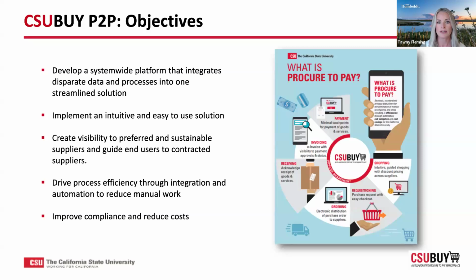Starting with shopping for goods and services, users can engage in purchasing with access to preferred, contracted, and sustainable suppliers. This flows into requisitioning, ordering, and receiving, all of which are handled in a centralized environment with fewer manual steps. The process concludes with invoicing and payment, emphasizing automation, minimal touch points, and visibility throughout.